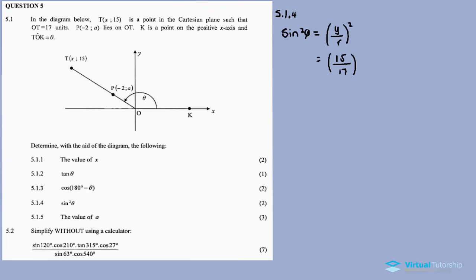So this is equal to y over r, all squared, because of the square on the sine. Y is 15, and r is 17. But we need to square this value. 15 squared is 225, and 17 squared is 289. So this is our answer.